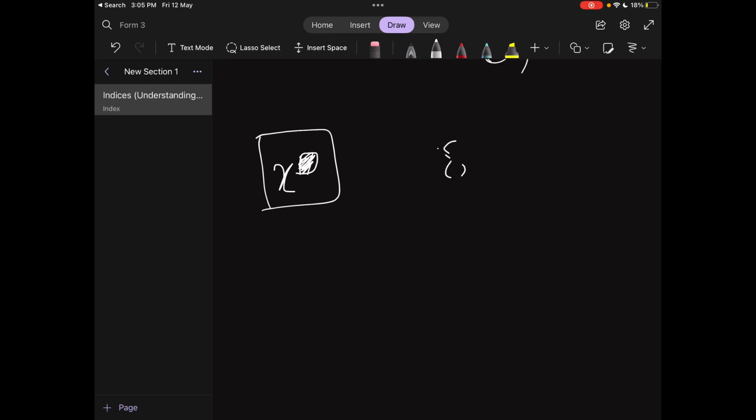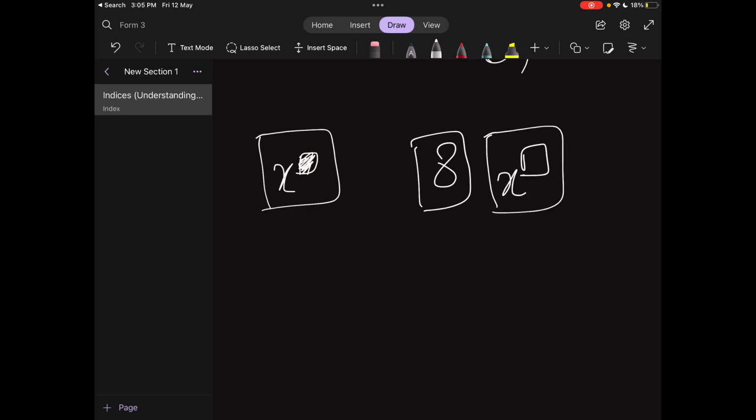So for example, the same example, we have 8, this x symbol to the power of, and then type in the number 2, and you should get the answer 64. That's it. And yep, that's all.